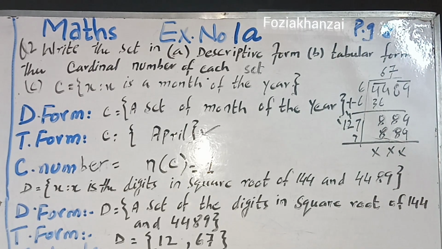So in tabular form we write 12 and 67, the square roots of 144 and 4489. In cardinal number, n(D) is equal to 2 elements or 2 members given in the tabular form. That's why we write 2 in the cardinal number. Part D also done.